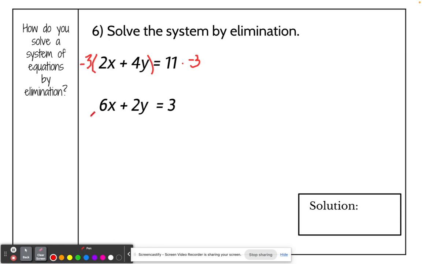Negative 3 times 2x is negative 6x. Negative 3 times 4y is negative 12y. Negative 3 times 11 is negative 33.